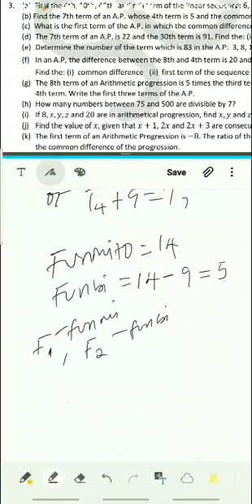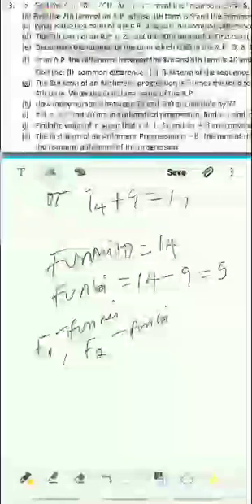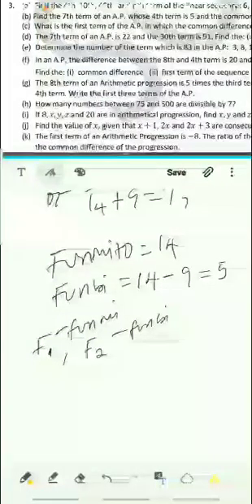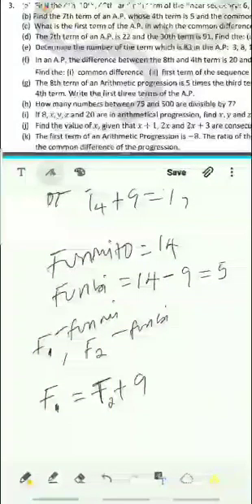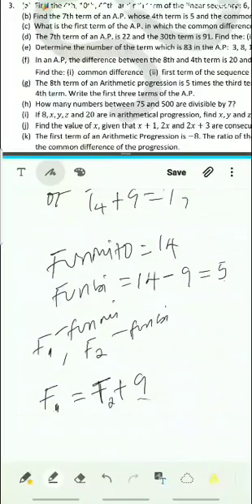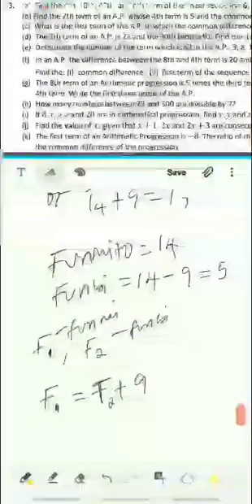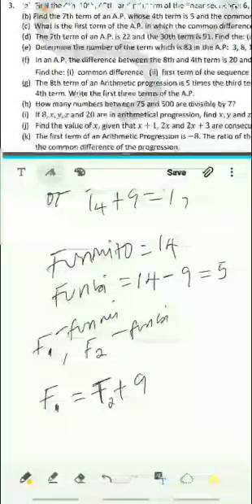For them to have equal ages, for F1 to be equal to F2, you have to add 9. When you are talking of equality in mathematics, it means what is on the left is equal to what is on the right. So if this is Fumito F1, then Funbi is F2 plus 9, for them to be 14, 14.